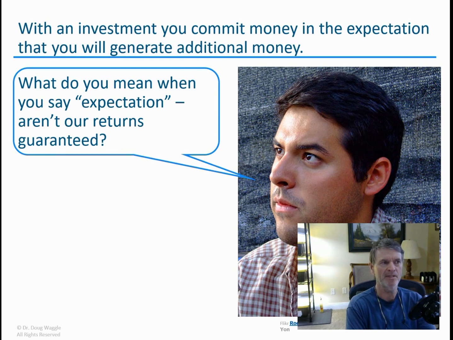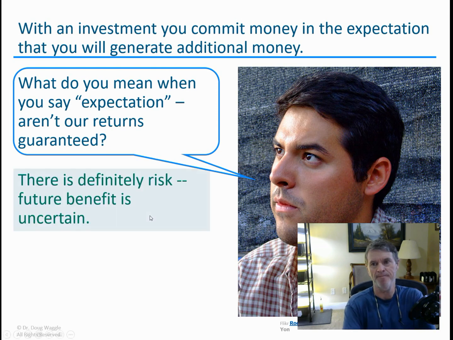In my little definition on the screen here, you put money up with the expectation of getting additional money. That word expectation is a clue that any investment you make has some level of risk associated with it. So your future benefit is uncertain.